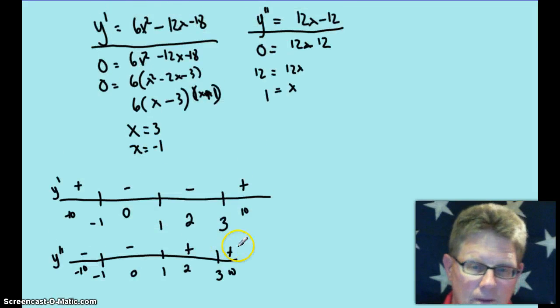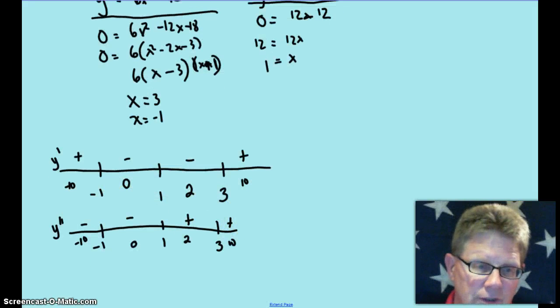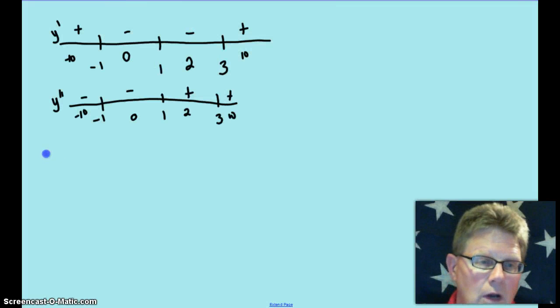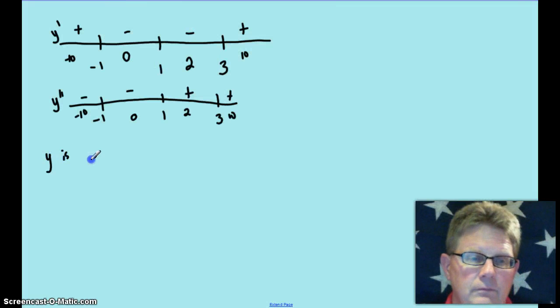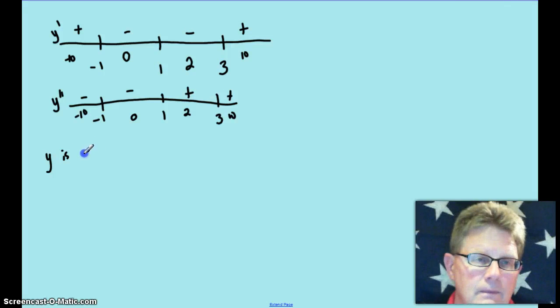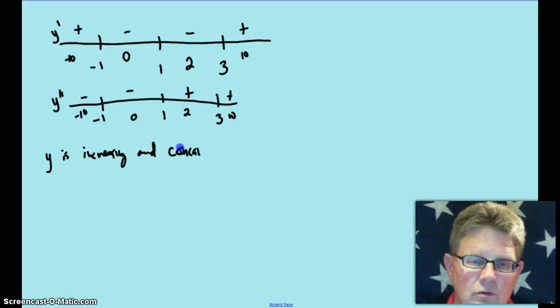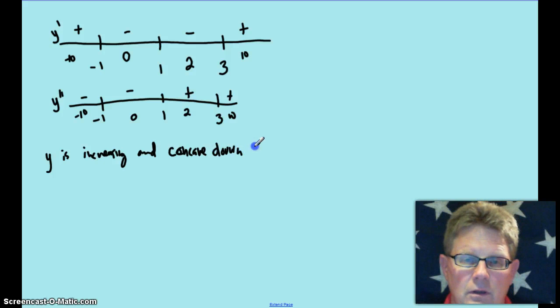So, here's our conclusion then. Y is increasing and concave down on negative infinity to negative 1.